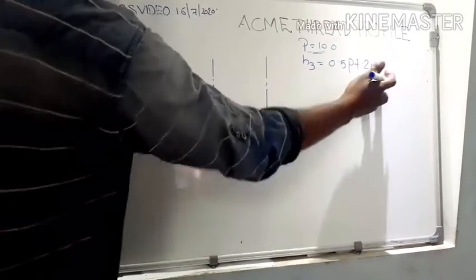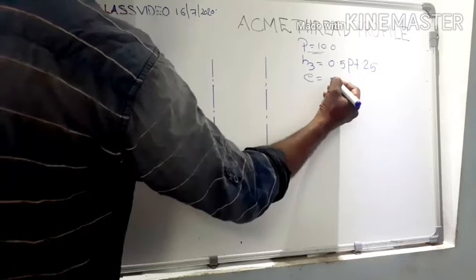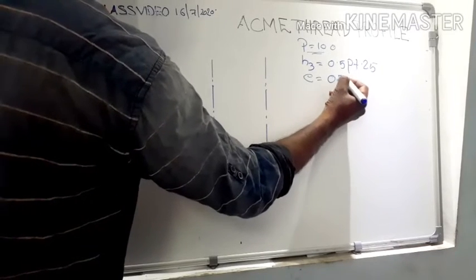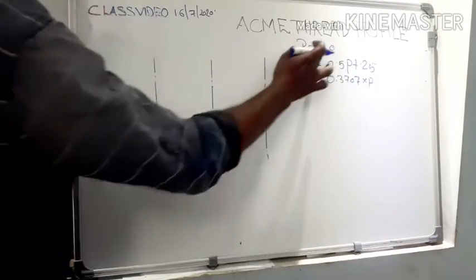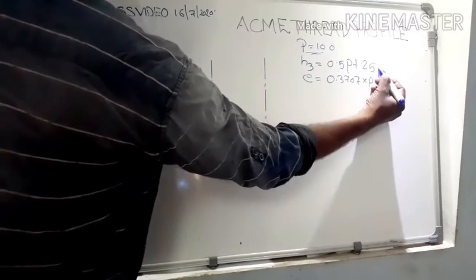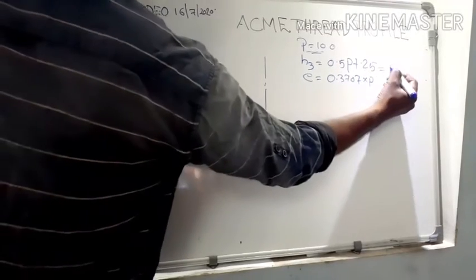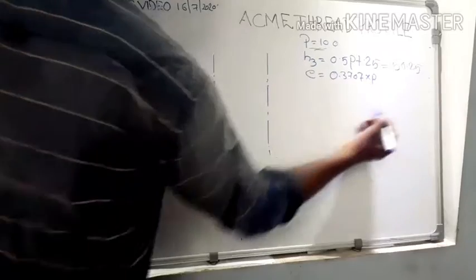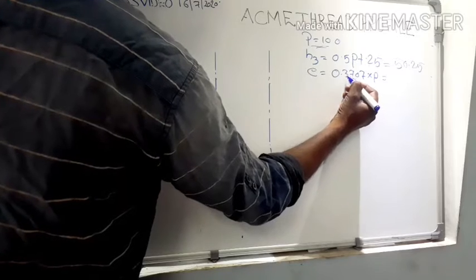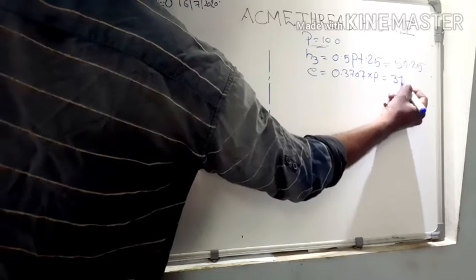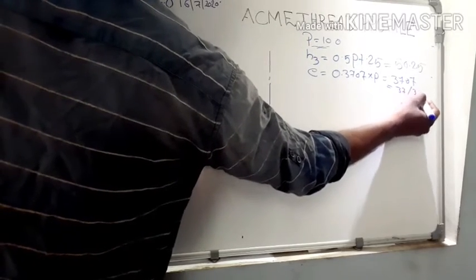And E is 0.3707 into pitch. If the pitch is 100, H3 is 100 into 0.5, that is 50, plus 0.25, 50.25 millimeter. And E is 100 into 0.3707, that means 37.07. It should be rounded to 37 or 38.